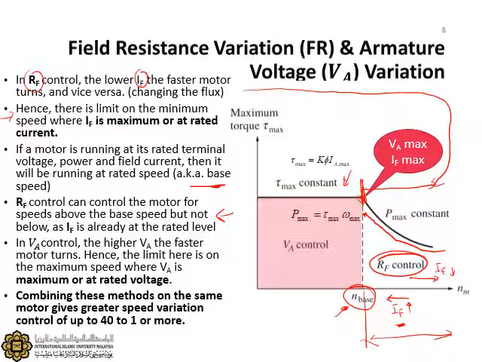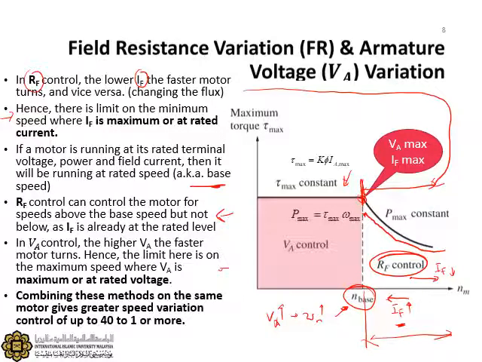In VA control, the next bullet point, the higher VA, the faster the motor will run. We know this before: as VA is increased, the omega will also increase.